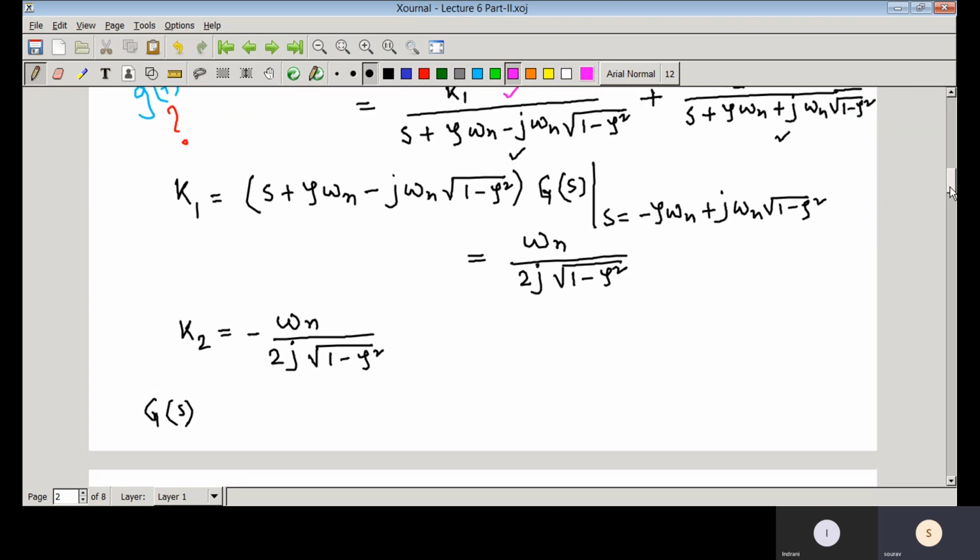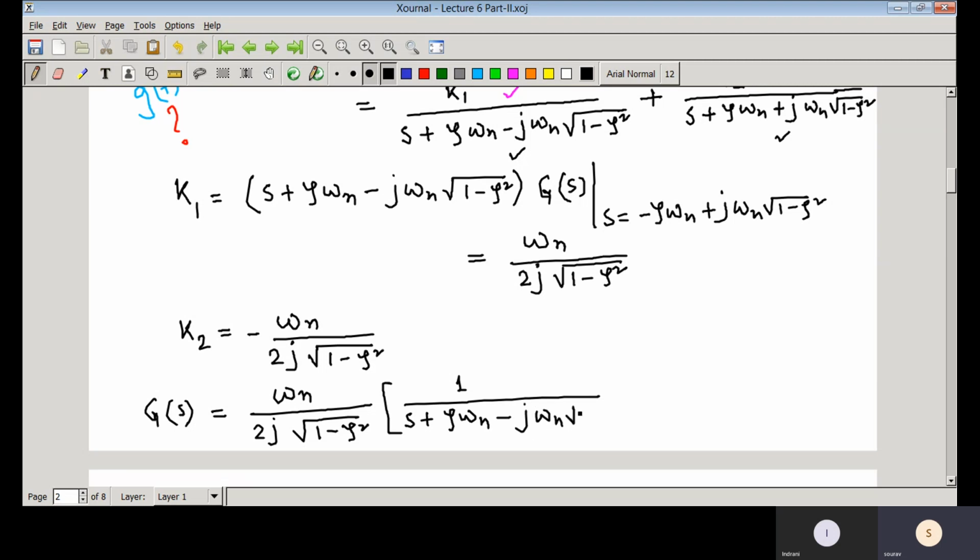If you replace it, then G(s) becomes omega n, just taking common 2j square root of 1 minus zeta square, then you have 1 by s plus zeta omega n minus j omega n square root of 1 minus zeta square.